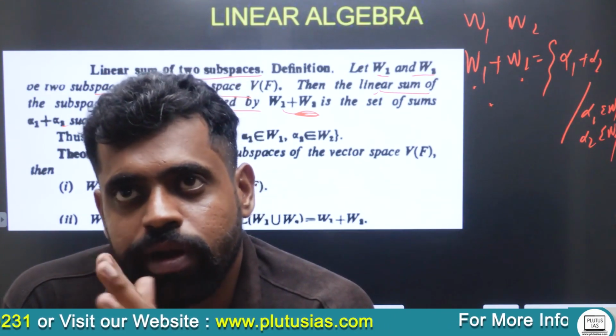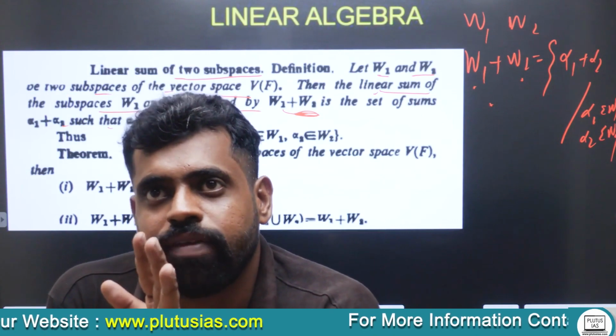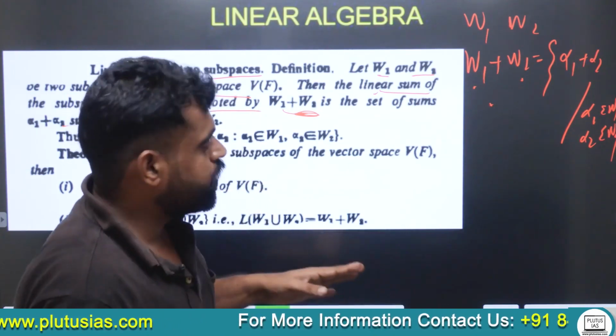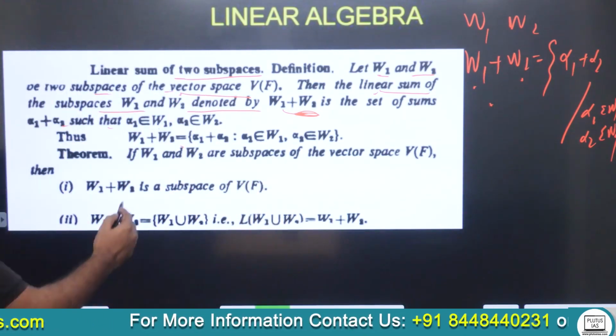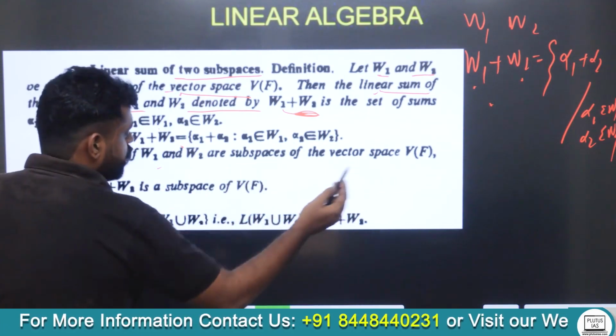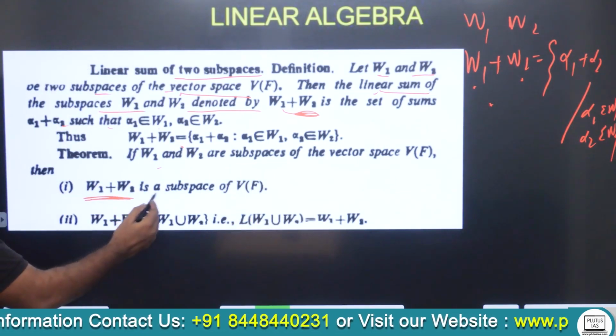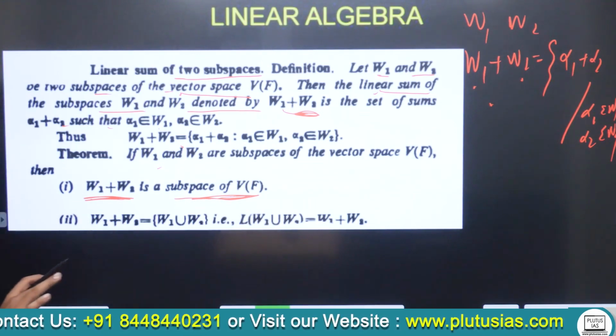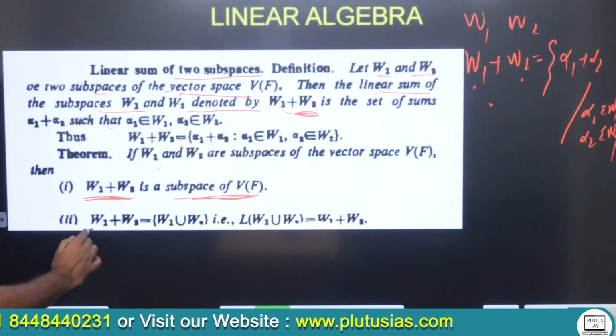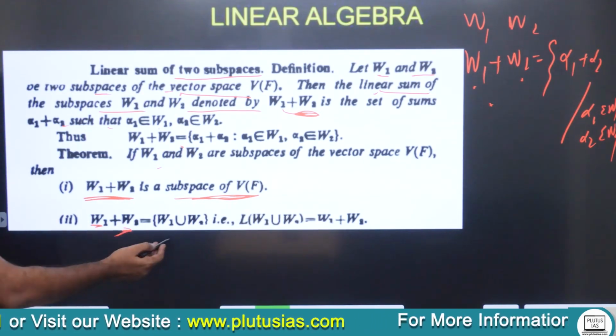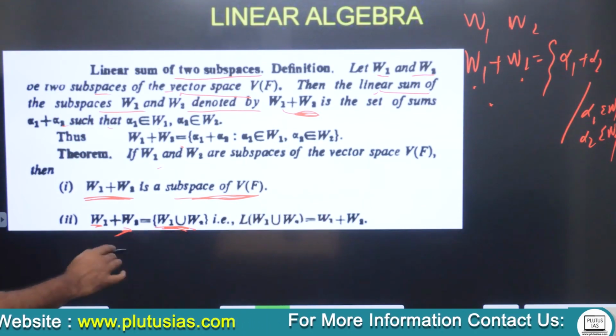Okay. So if you understood till now, then you won't have any problem in proving this theorem. W1 and W2 are subspaces of V(F). You have to prove that W1 plus W2 is a subspace of V(F). First of all this. And the second thing is that W1 plus W2 is generated by W1 union W2.